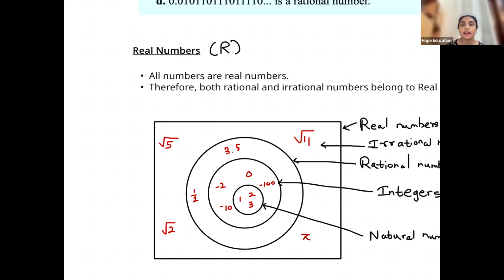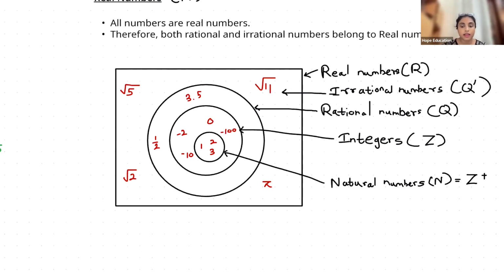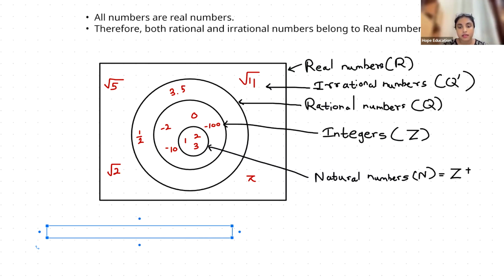Okay. Then can you all quickly start writing? Write one point at the bottom as well. The square roots of all numbers except for perfect squares are irrational numbers.